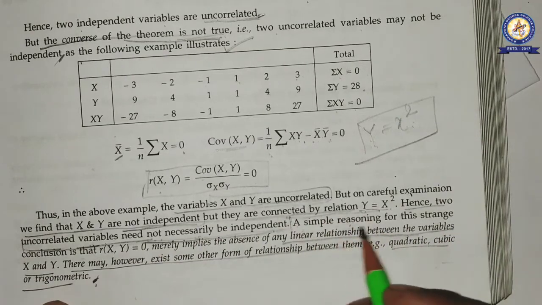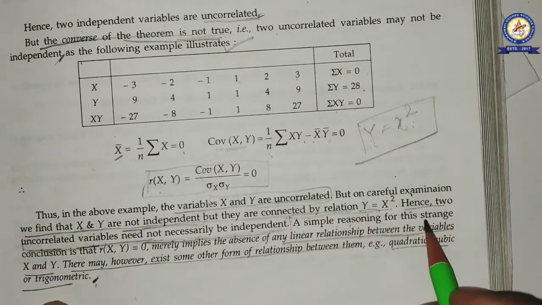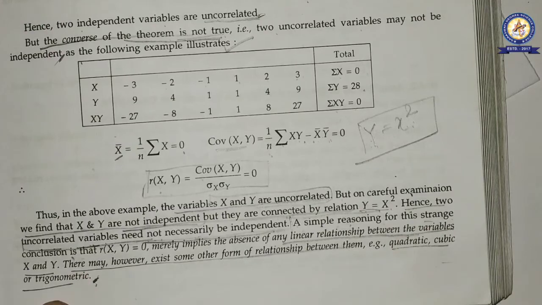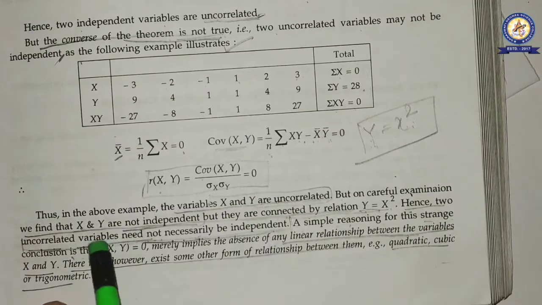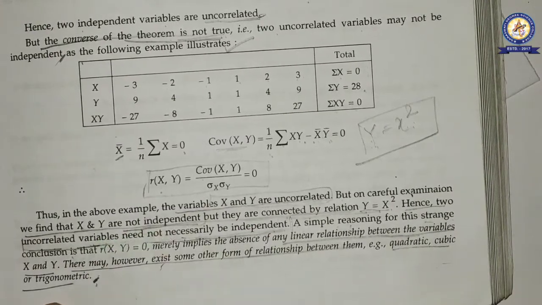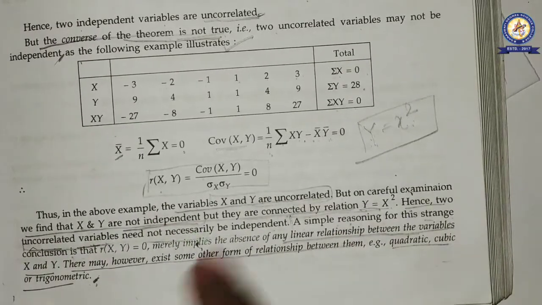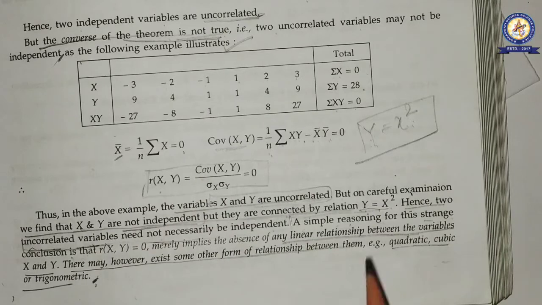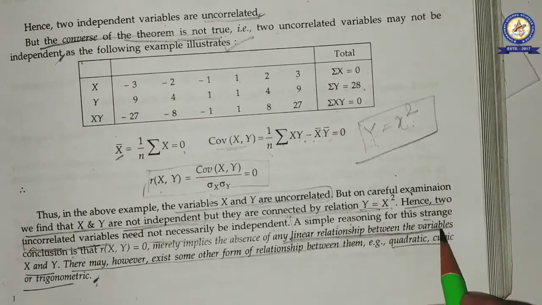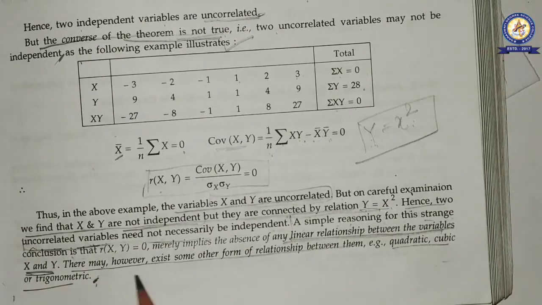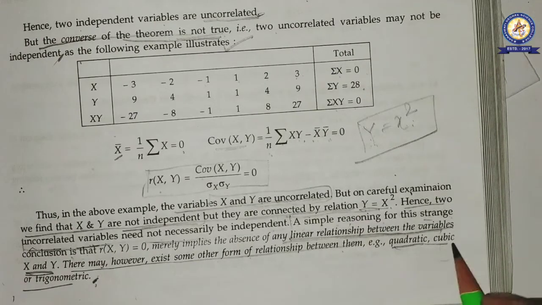A simple reason for this strange conclusion is that correlation coefficient rxy equal to 0 merely implies the absence of any linear relationship between variables x and y. There may, however, exist some other relationship between them, that is quadratic, cubic or trigonometric.